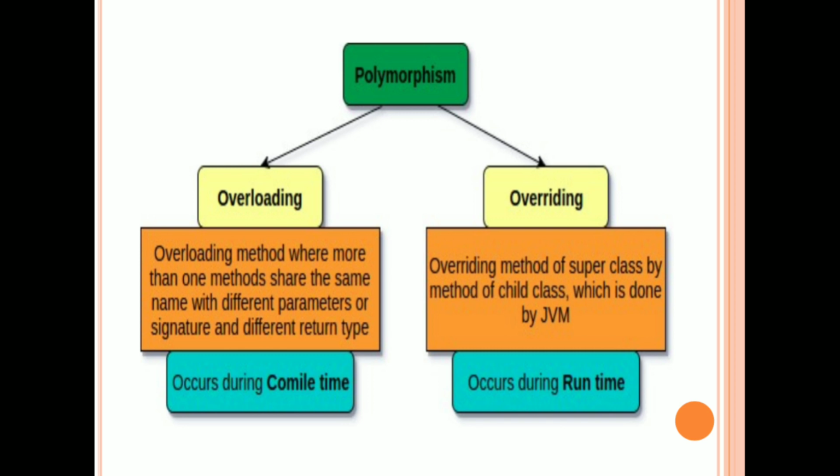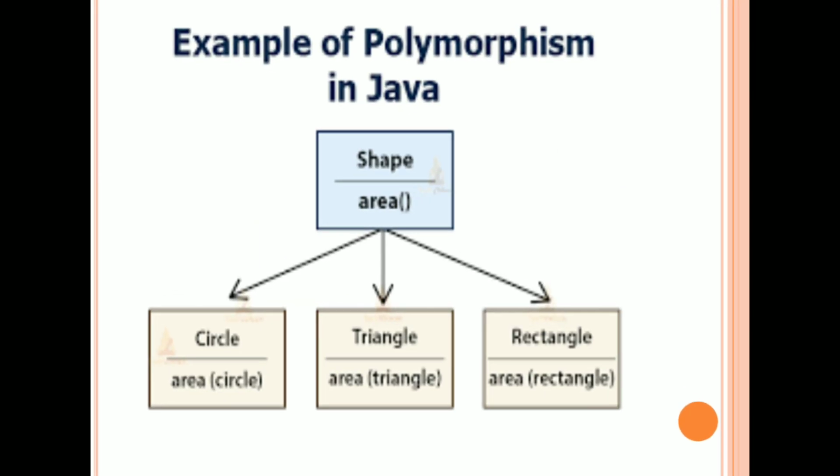An example to explain polymorphism through method overloading. How can we achieve polymorphism in Java programming by overloading methods? Let us take an example. Here in our example, Shape is a class which has a method area, and Circle, Triangle and Rectangle are the classes extending the class Shape.